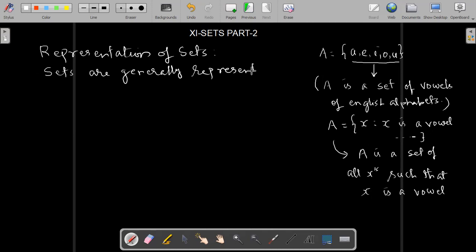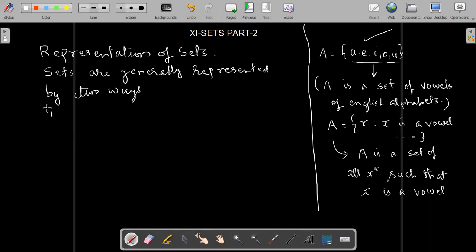One that we have seen is the first form of set representation. Number one, that first form I have written, where we are listing the elements, or writing in the tabular form, is called roster form.